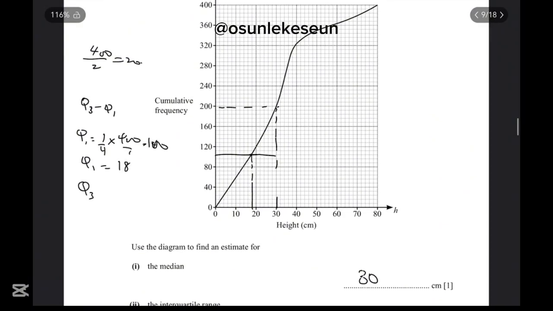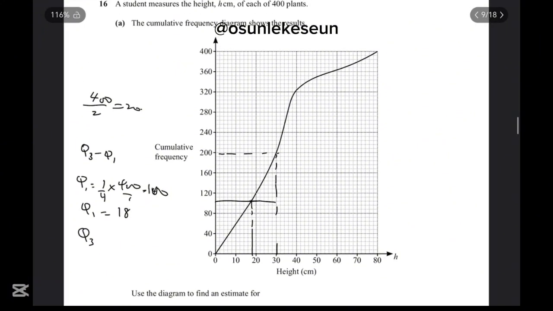Q3 is going to be 3 over 4 times 400, and in this case that's 300. So let's find Q3. Still 300 is going to be around here. 290, 300, 310.